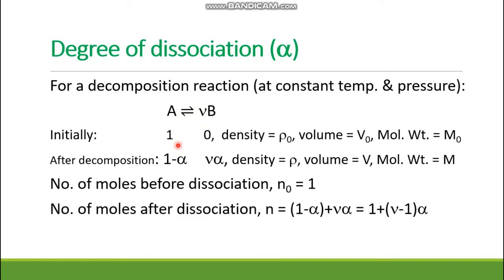Now this can happen in two ways. It may take place at constant volume. Suppose you are taking a gas jar with a piston where the piston is locked, it is not moving, so the overall volume is constant. The number of molecules is increasing due to decomposition, so the pressure increases.